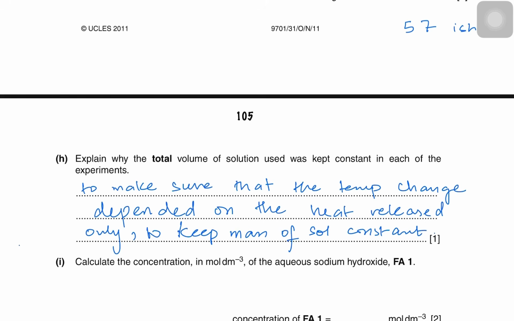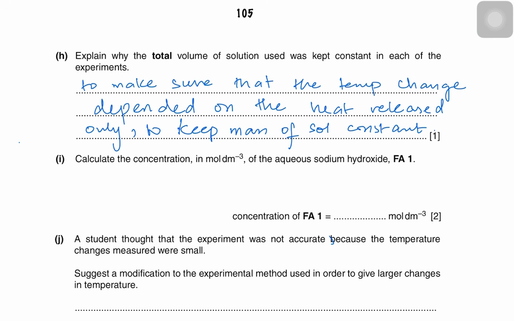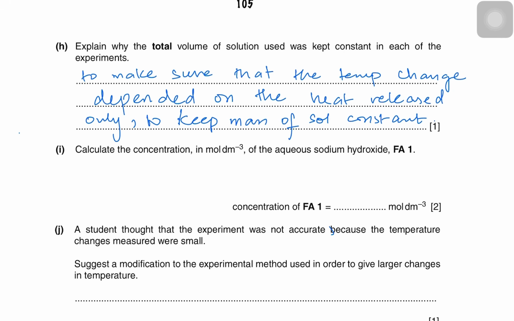Otherwise, if the mass of the solution changed, the heat released wouldn't be the only factor controlling delta T. That is why we want to make only one factor change, and other factors remain the same.